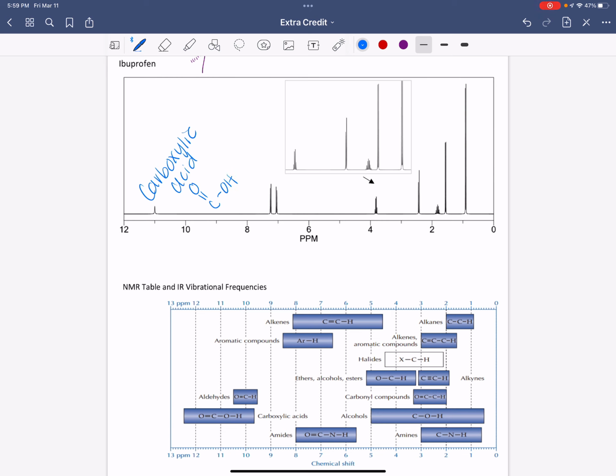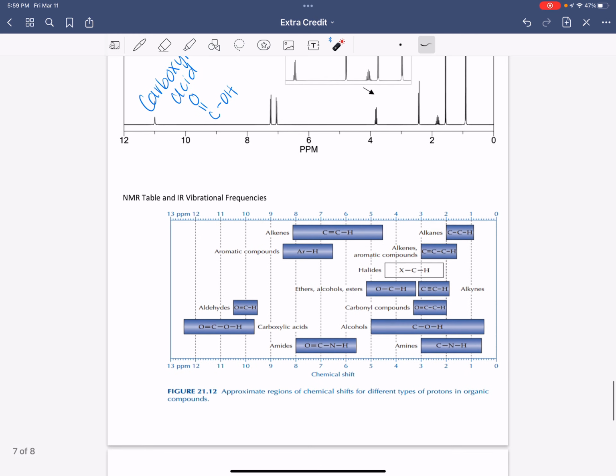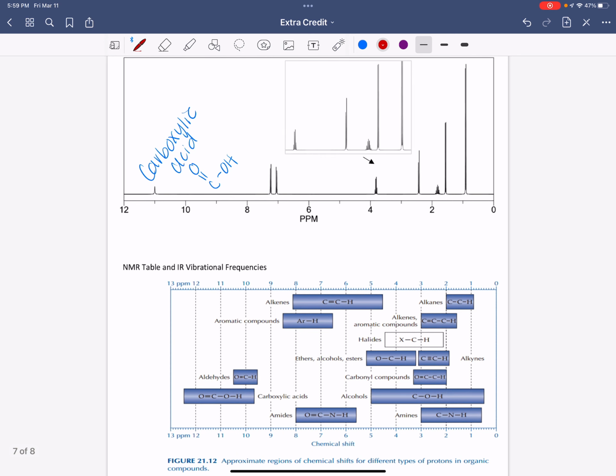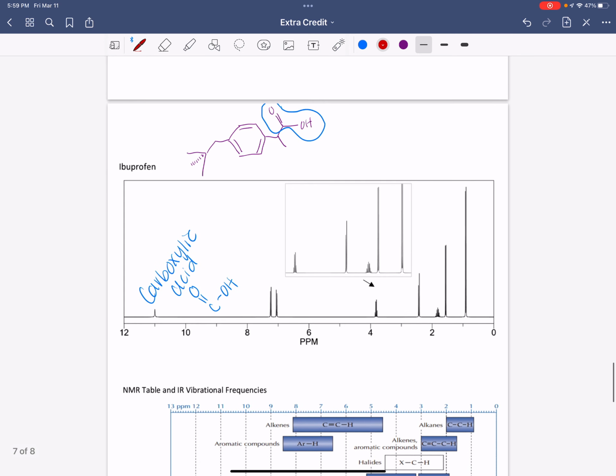Okay, and then we'll move down to these 2 peaks right here, right at 7.5 we would be looking at our aromatic compounds right there. That would be pretty indicative of a phenyl group. So that one would be this whole thing right there, aromatic compound.